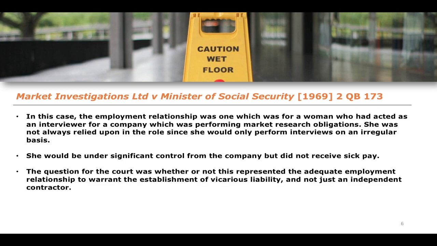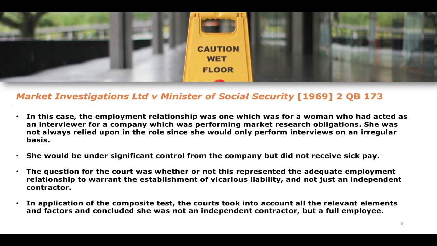The question for the court, therefore, was whether or not this represented an adequate employment relationship for the standard required to establish the second limb of the test for vicarious liability, this being the test of there being an employment relationship, and not just an independent contractor. Because when we talk about independent contractors, it is very likely that there would not be an instance of vicarious liability in those particular circumstances.